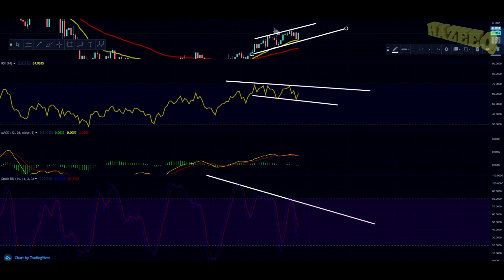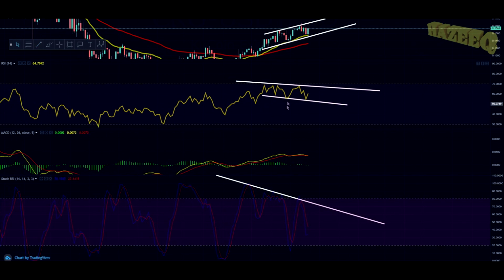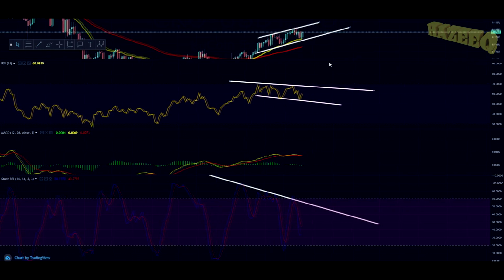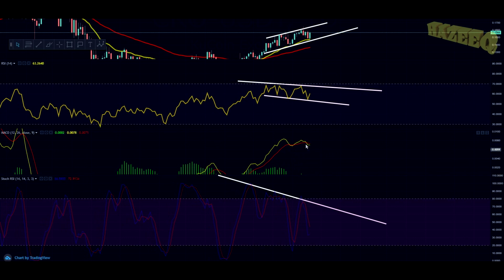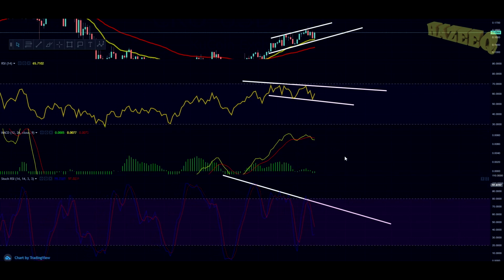Higher highs and higher lows on the price action and lower highs and lower lows on the RSI. So this screams pullback to me, but that doesn't mean that it has to happen. The MACD is showing us a bearish cross, confirming the downtrend. That's another factor to keep in mind. And also the stochastic RSI is in a downtrend as well. We're making lower highs each time over here, as you can see.